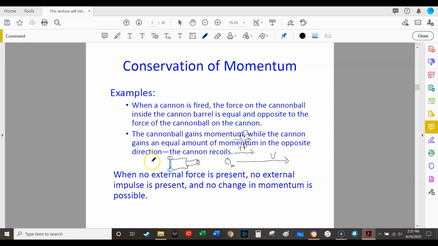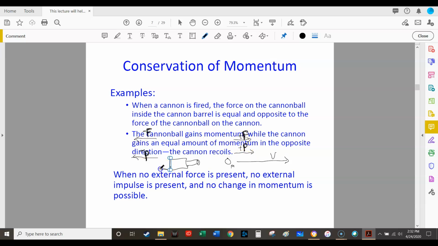Meanwhile, over here, the cannon is going to have an equal momentum, and that's a P. So this is the momentum of the ball, and this is the force of the cannon on the ball. Over here, these arrows are opposite, but the same magnitude as these two arrows.